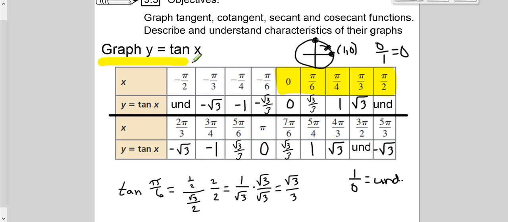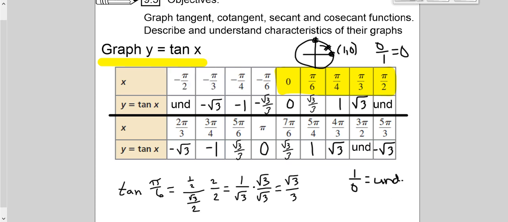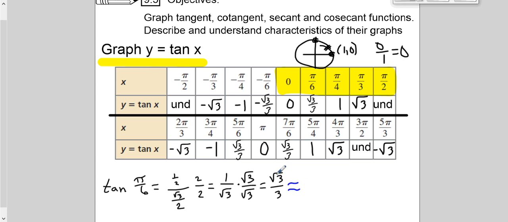Since we're going to graph these, we need some decimal approximations. Square root of 3 divided by 3 is about 0.6. I'm just going to round to tenths place because we're going to be estimating on a graph. And then the other one we need an approximation for is rad 3.